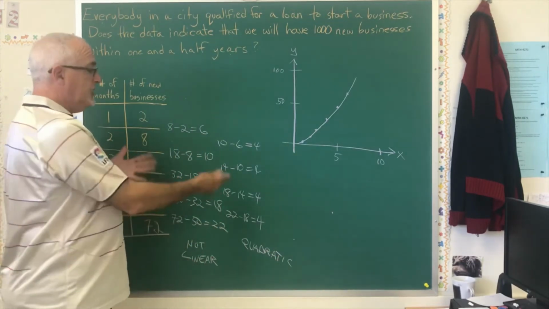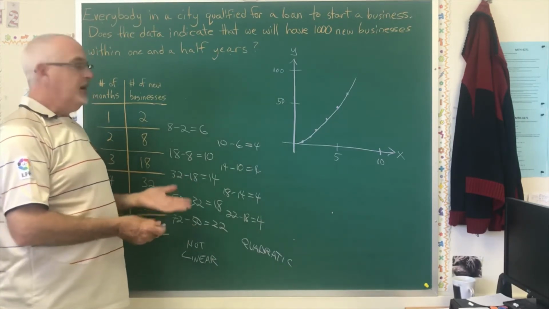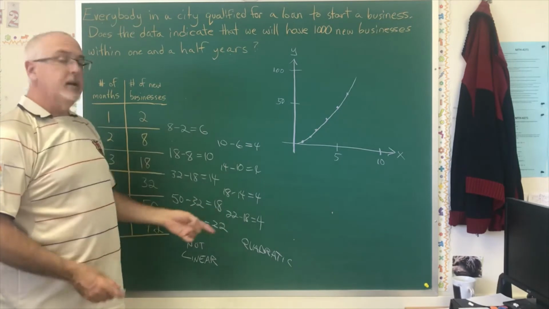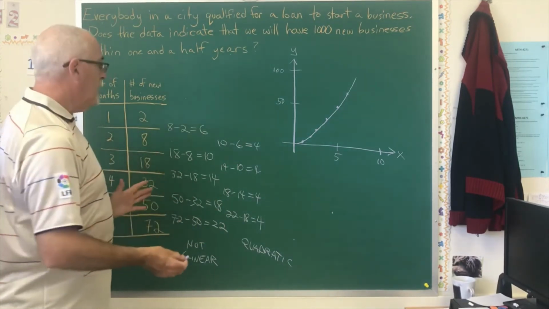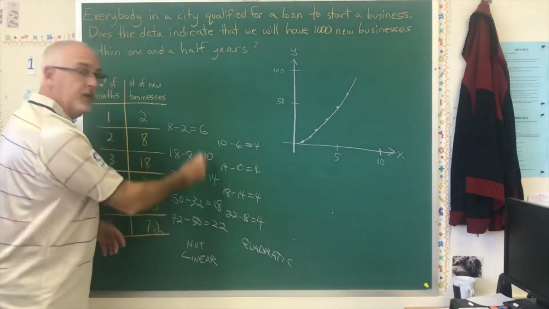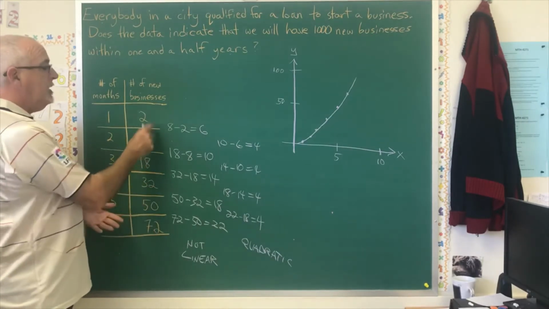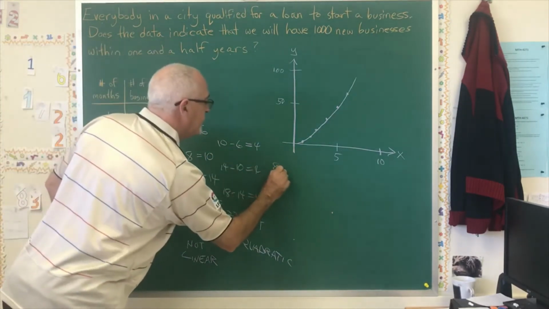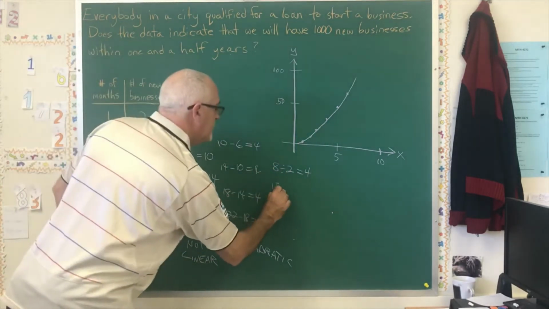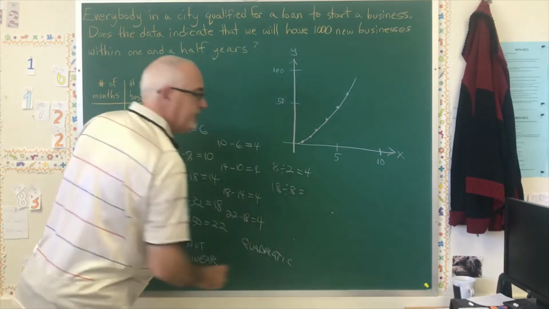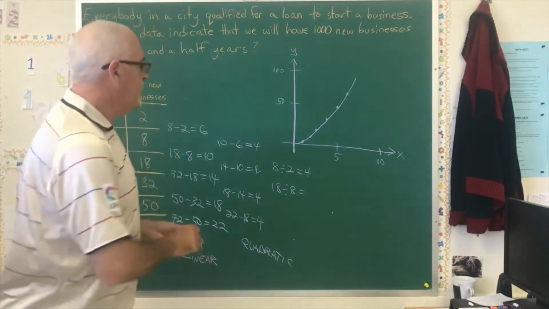But just because this video wants to show students all the techniques that they might need in the exam question, I'm going to go ahead and do the constant ratio test to see if it's exponential, expecting the answer to be no. For that, I'm not using the answers from the first difference. I'm using the original y coordinates and I'm doing 8 divided by 2, and it gives me 4. 18 divided by 8 is 2.25.